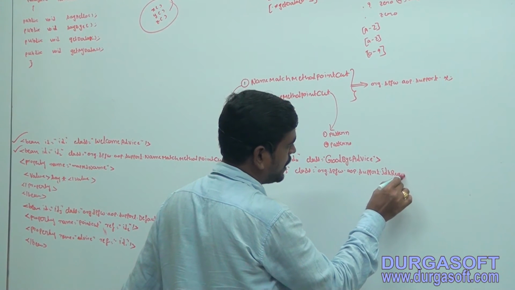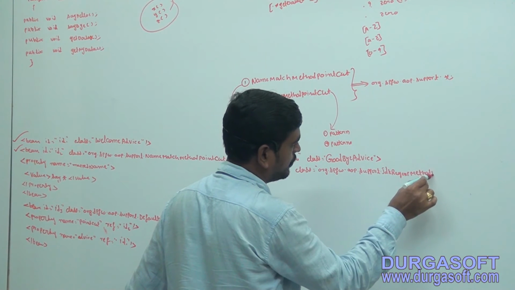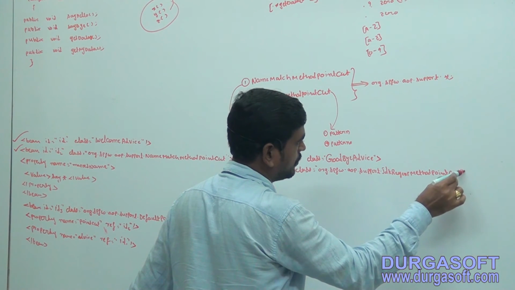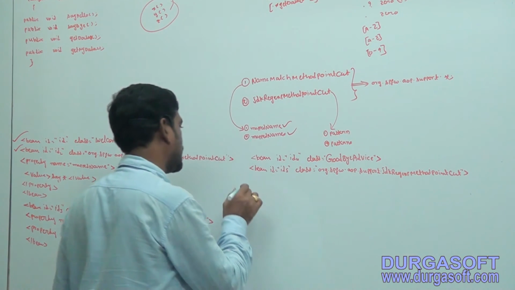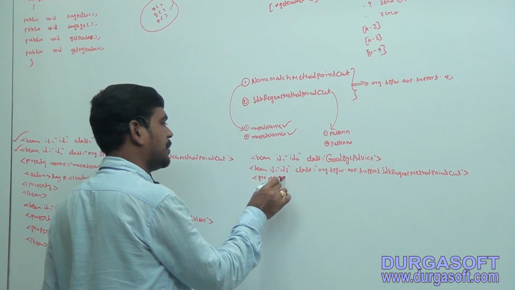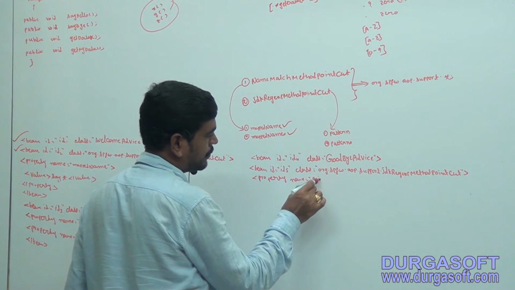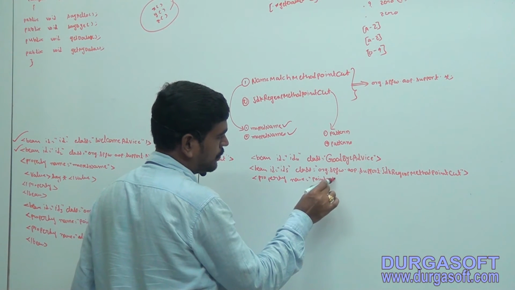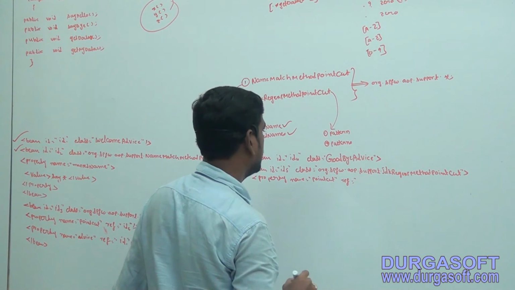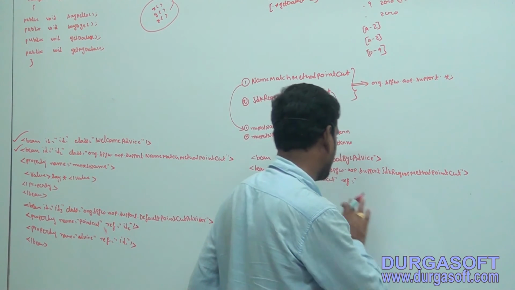AOP.support.JdkRegexpMethodPointcut. The next, after that, property name is equal to pointcut, then ref is equal to... what do we have to take here?